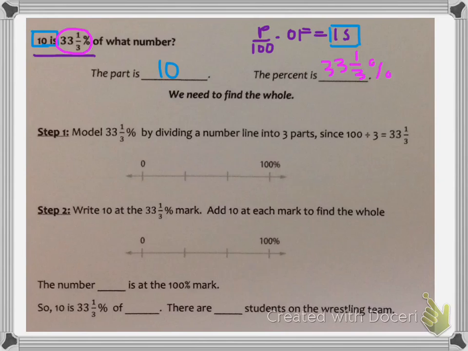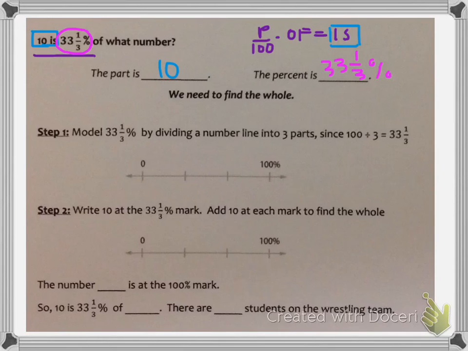What we can do here is we can model 33 1/3% by dividing a number line into 3 parts, since 100 divided by 3 equals 33 1/3%. So we've done that. We have a number line, and the whole thing represents the total, which is 100%. 33 1/3% goes into 100 3 times, so that's why we've got those 3 sections there.